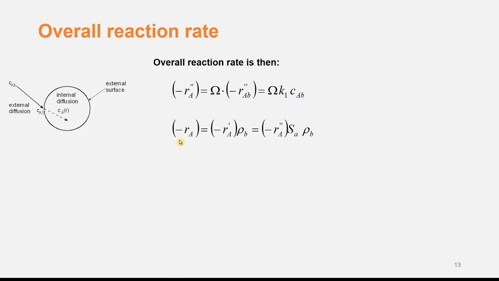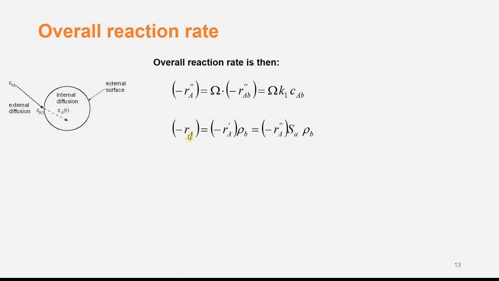And recall the relationship between the different rate units. Negative R_A double prime is per square meter of catalyst surface, so per unit area of catalyst surface. And negative R_A prime is per kilogram of catalyst. And negative R_A is per cubic meter of bed or reactor.